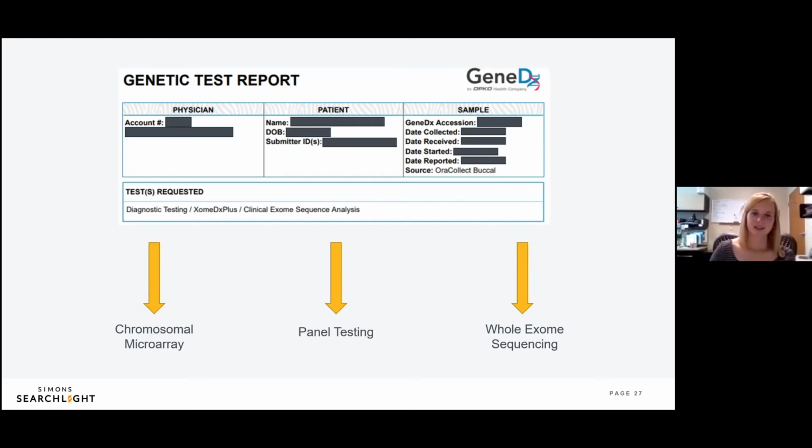Moving down that test report just a little bit, you'll see the type of testing that was done. Like we talked about before, this could be a microarray, looking for those extra or missing pieces, or it could be some of the sequencing testing that's doing the spell check on the DNA.